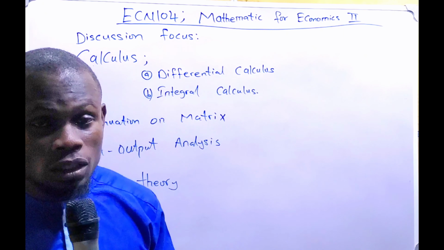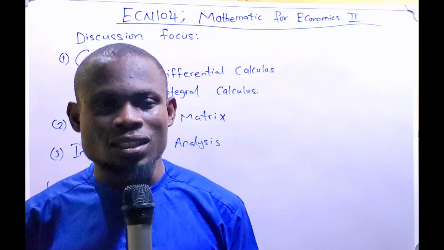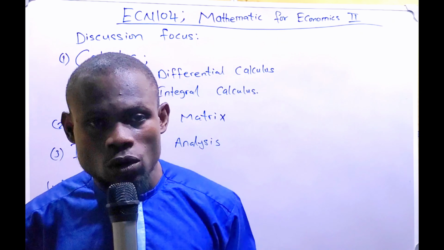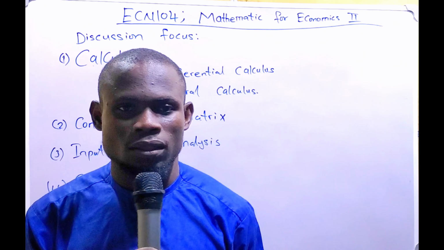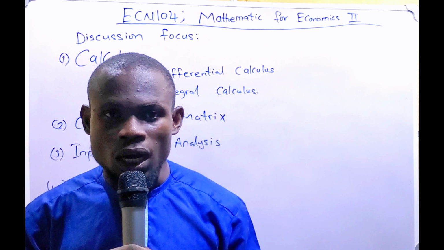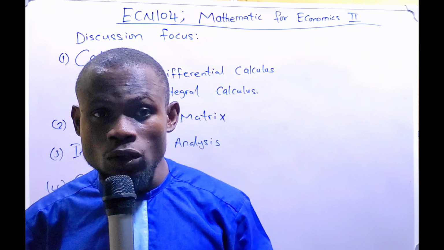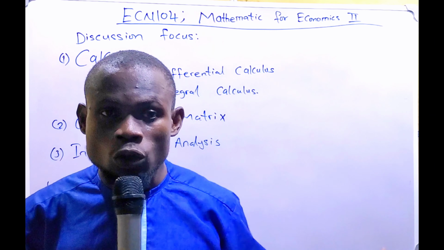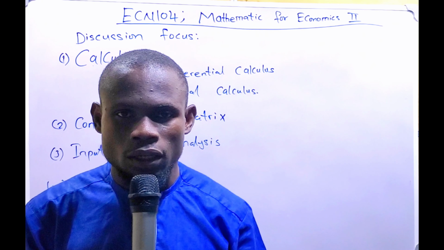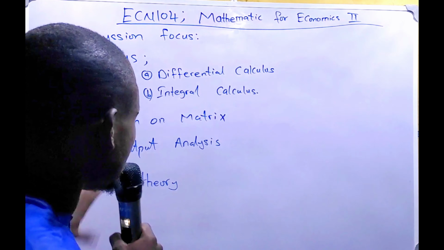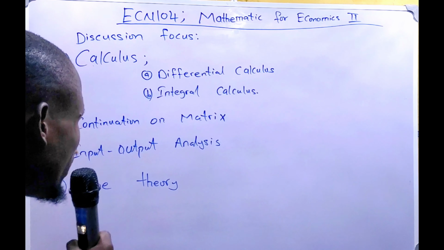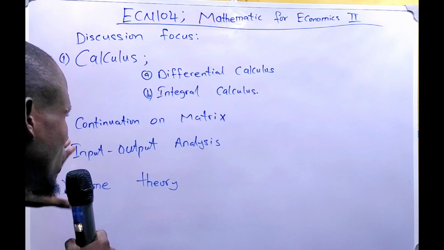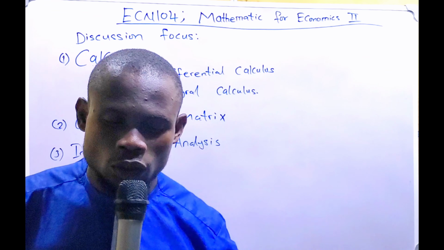Game theory is very important to economics as it is largely applied in microeconomic analysis, especially in decision making in a duopoly or oligopoly market. So once again, we'll be discussing calculus, matrix, input-output analysis, and game theory.